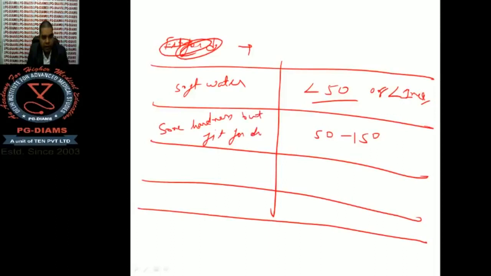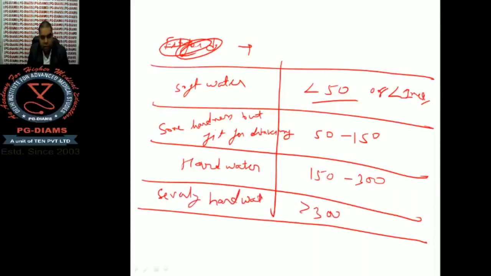If the hardness is between 150 to 300, it will be hard water and not fit for drinking. If it is more than 300, it will be severely hard water and totally unfit for drinking. So this division is based on concentration of calcium carbonate equivalent.